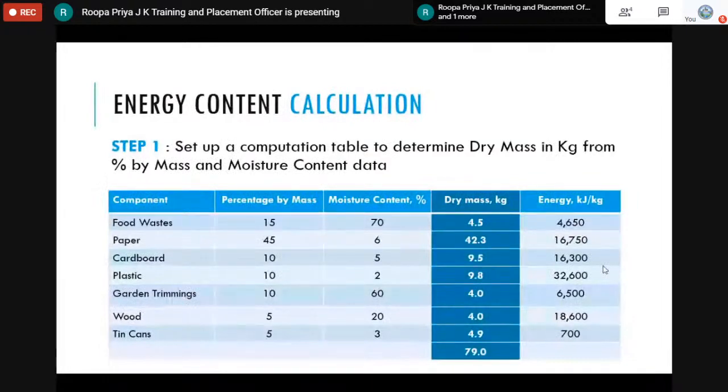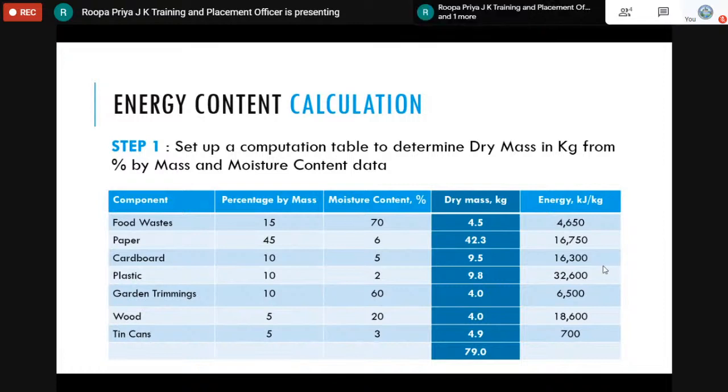So the solution would be you have to compute the dry mass just like how you did previously for calculating the moisture content. Use the percentage by mass value and the moisture content and calculate the dry mass in kg. Add all these dry mass in kg and find out what is the total dry mass present in the municipal solid waste sample.